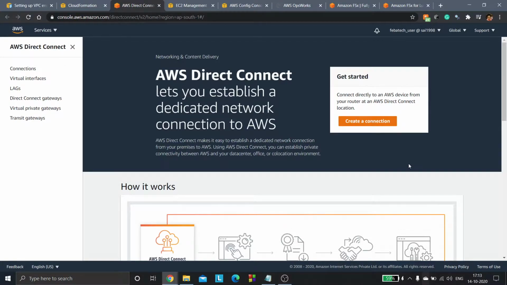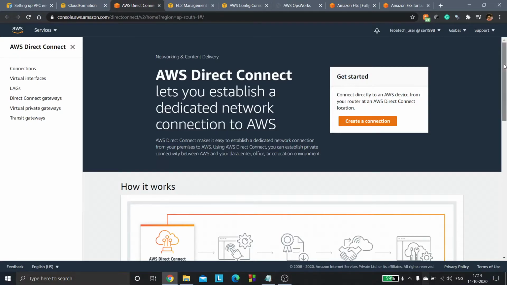The next one is the AWS Direct Connect service that lets you establish a dedicated network connection from your on-premises data center or server to the virtual private cloud in AWS. Using AWS Direct Connect over the traditional virtual private network connection will give you an edge by letting you have control over bandwidth and latency.